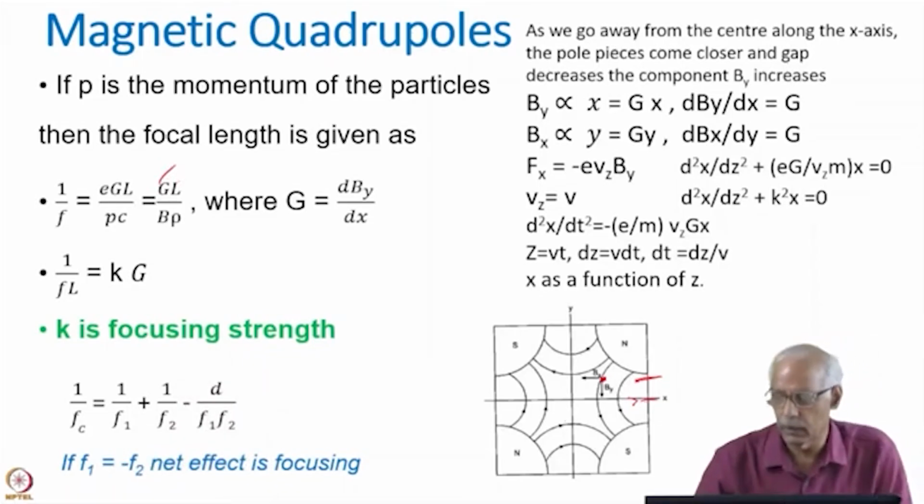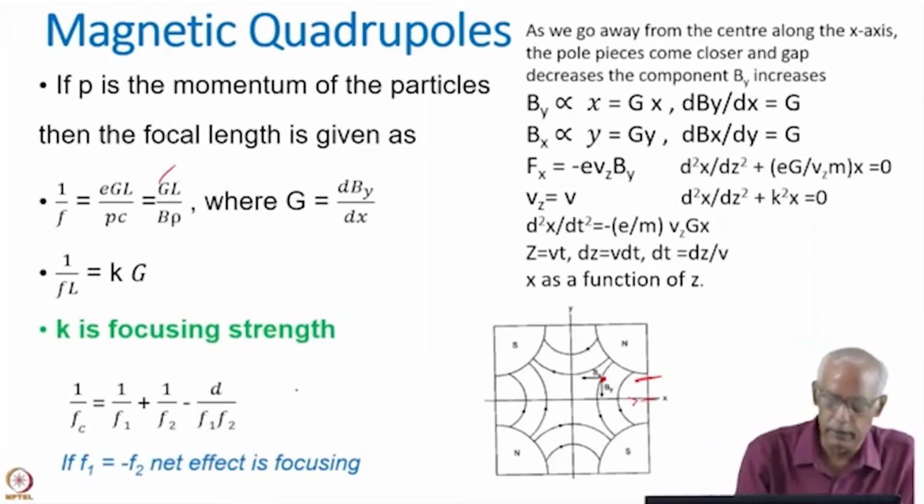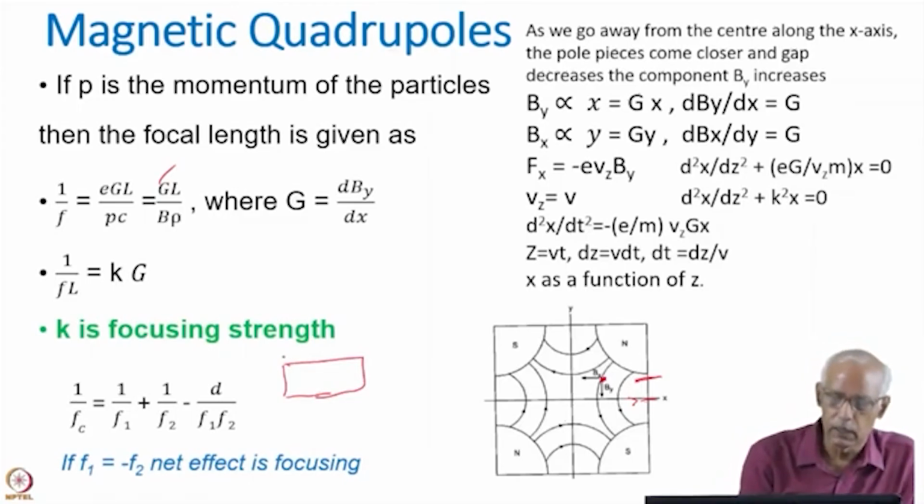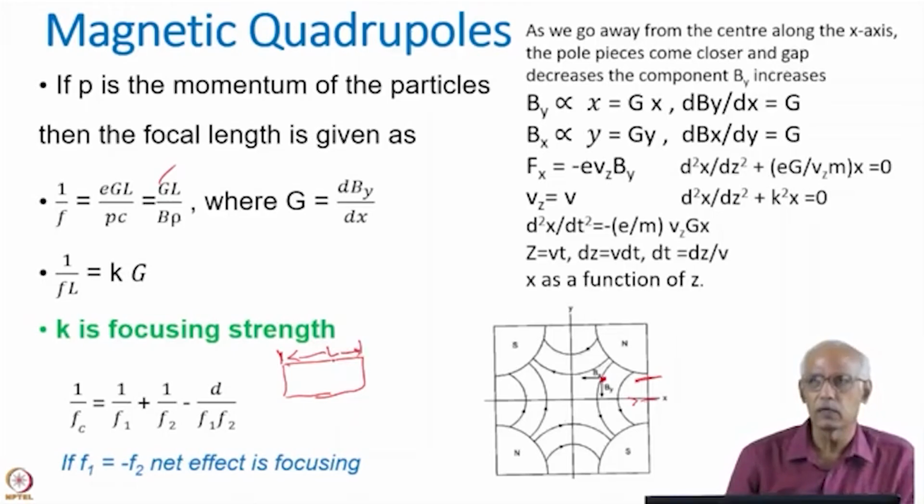See, for example, if you have a quadrupole here, normally these magnetic quadrupole lenses have a finite length. So this L is a length. While you have seen in the case of optical glass lenses, there are also two types of lens. One is a thin lens and the other is a thick lens.